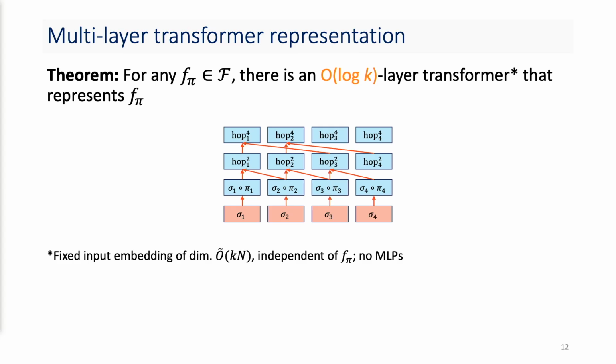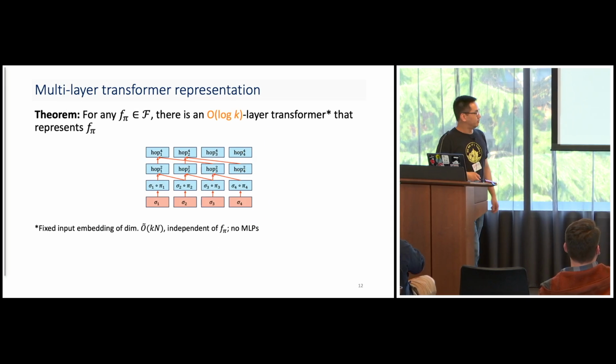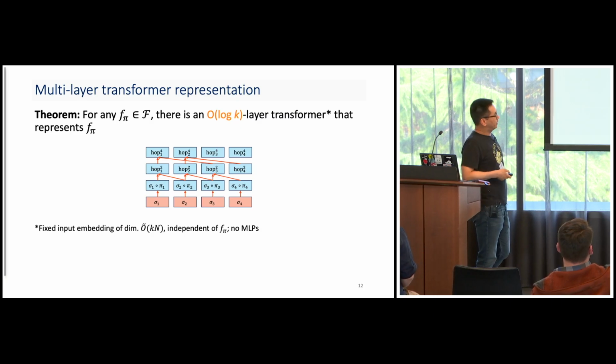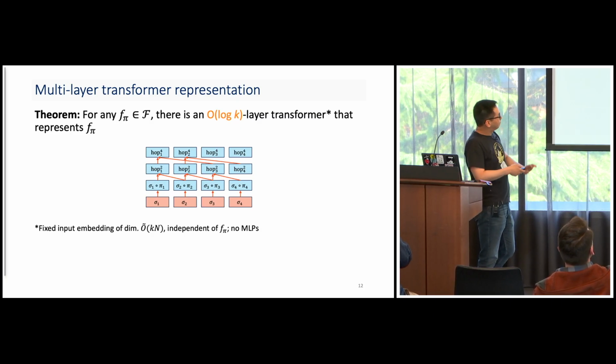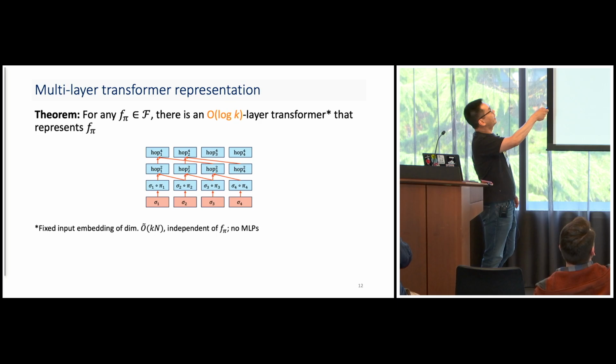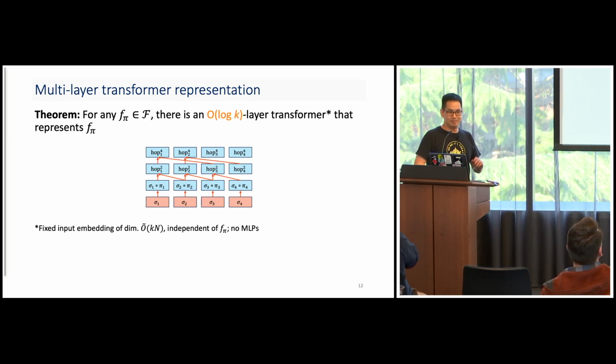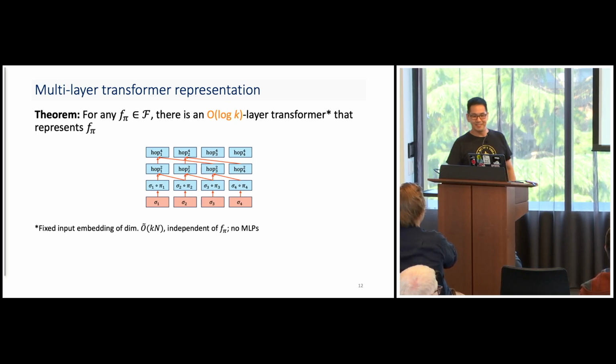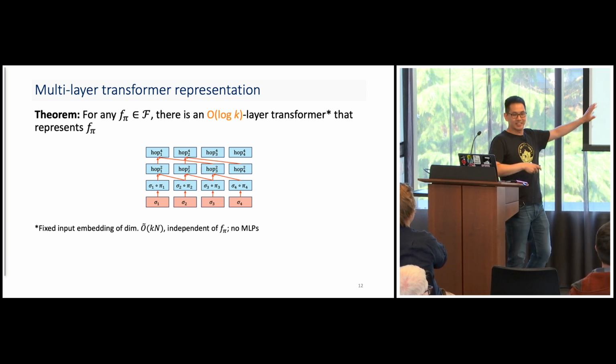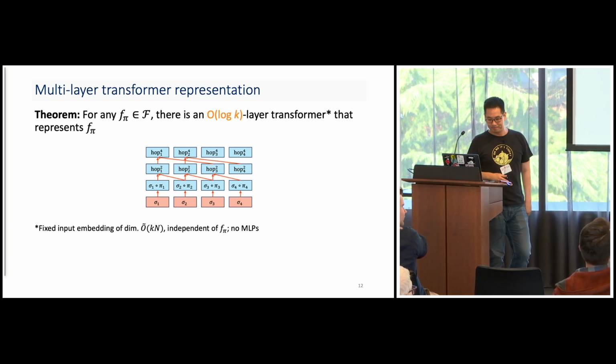It exploits parallelism in the natural way that you expect transformers to be able to. There's one weakness of this result, which is that we use a pretty large embedding dimension, a fixed one for the entire function class. This is definitely a weakness, but in some sense it's necessary for the kind of statement that we have here.